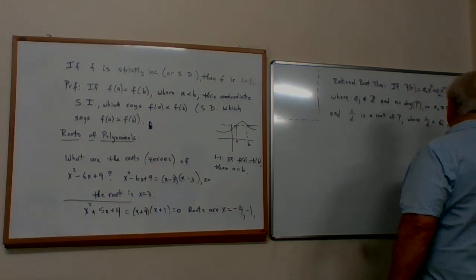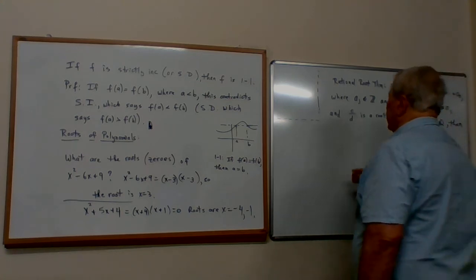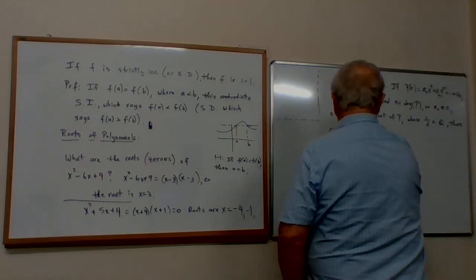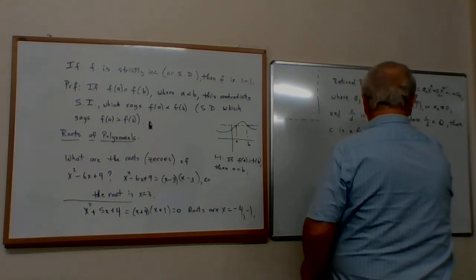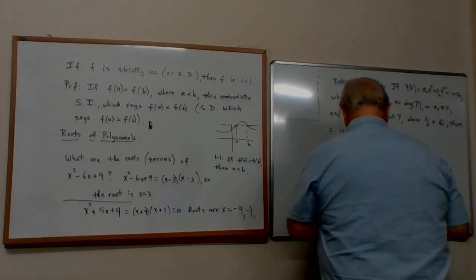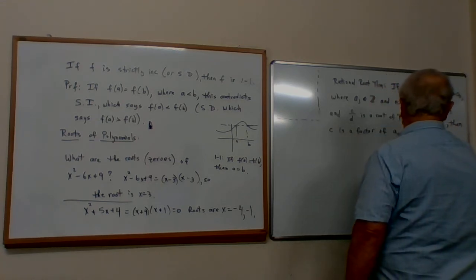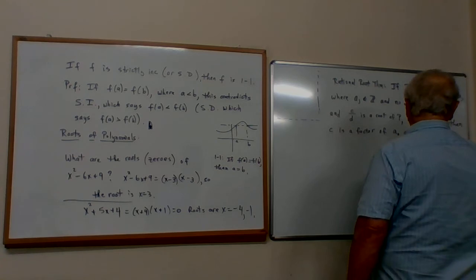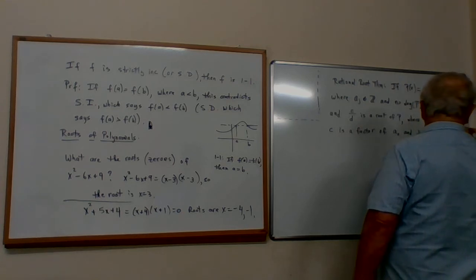Finally, there's a then. The then is this: C is a factor of a sub 0, and D is a factor of a sub n.